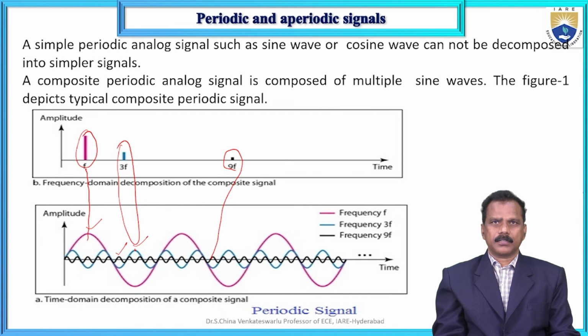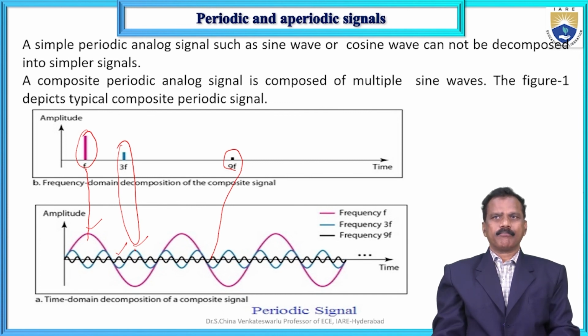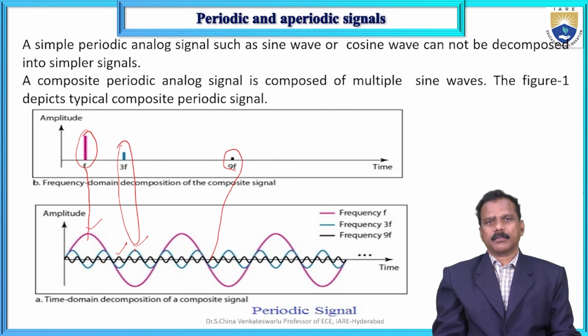You can observe that a simple periodic analog signal such as a sine wave or cosine wave cannot be decomposed into simpler signals, while a composite periodic analog signal is composed of multiple sine waves. You can observe the graphical representation in both the time domain and frequency domain. In the time domain, the x-axis is time and the y-axis is amplitude.